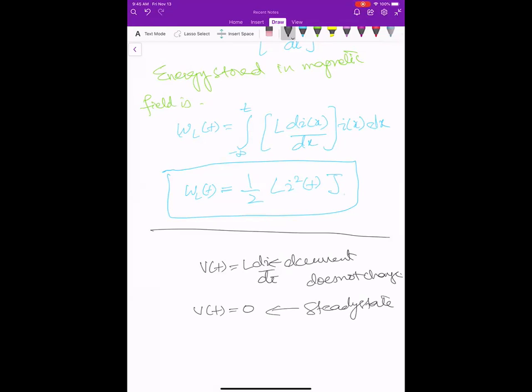Which means that inductor acts as a short circuit to DC. Sounds good?